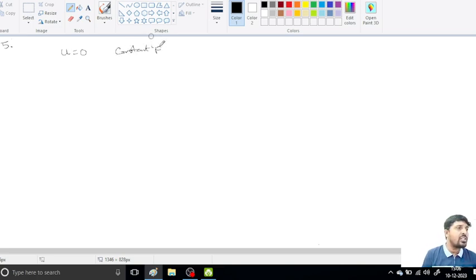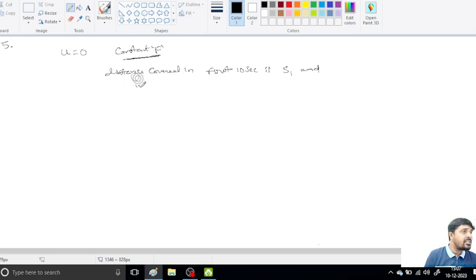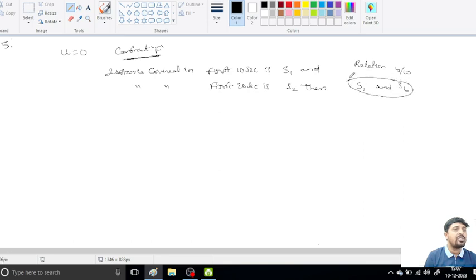If the distance covered by it in the first 10 seconds is s1, and the distance covered in the first 20 seconds is s2, then we have to obtain the relationship between s1 and s2. So this is the question given to us.